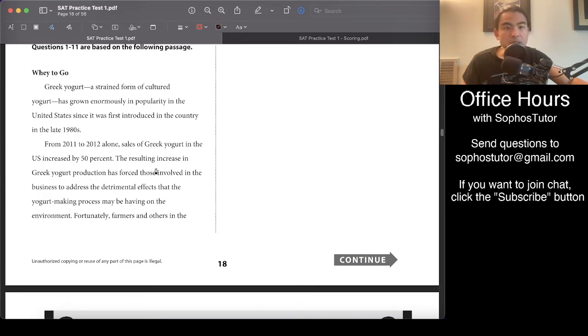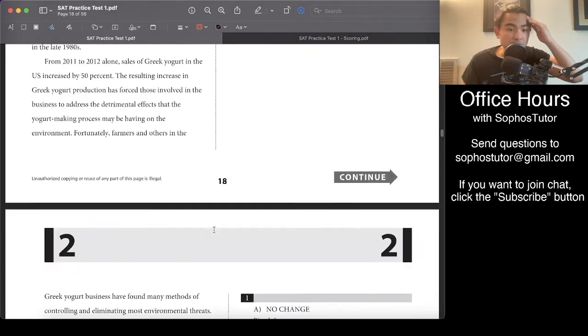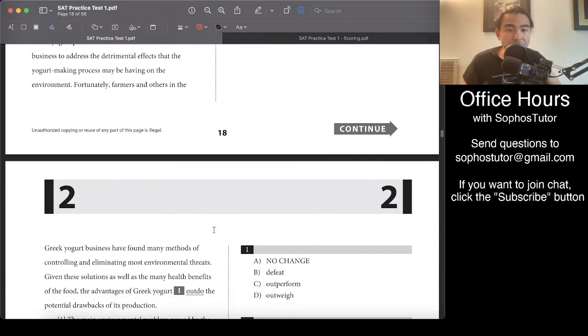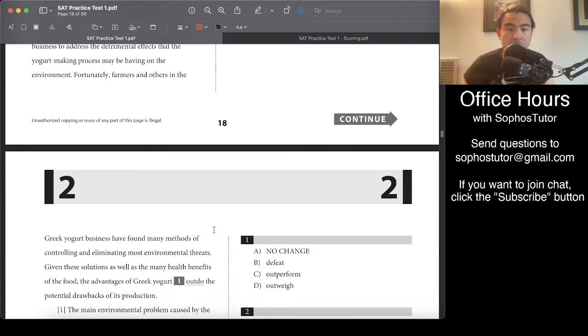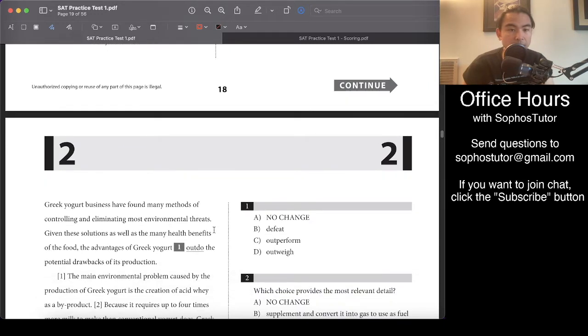The resulting increase in Greek yogurt production has forced those involved in the business to address the detrimental effects that the yogurt making process may be having on the environment. Fortunately, farmers and others in the Greek yogurt business have found many methods of controlling and eliminating most environmental threats. Given the solutions, as well as many of the health benefits of the food, the advantages of Greek yogurt outdo the potential drawbacks of its production.